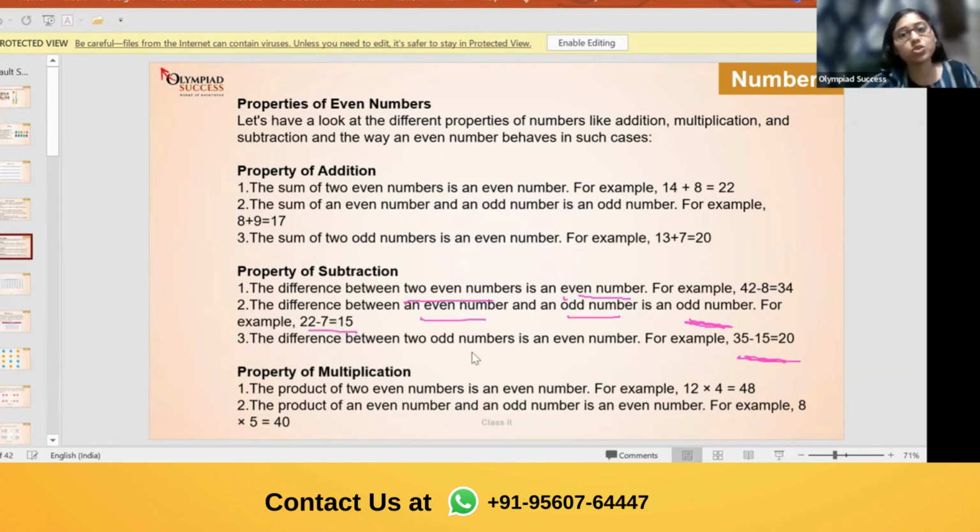And the difference between two odd numbers is an even number. For example, 35 minus 15, sorry, the answer is 20. So now you have to give me the answer in the chat box. All of you just give me an example of the difference between two even numbers. Write in the chat box the difference of any two even numbers.